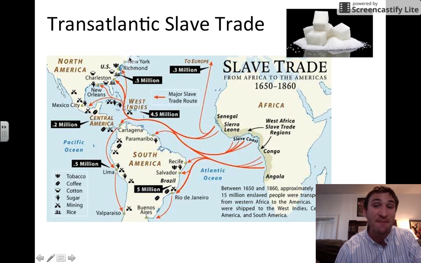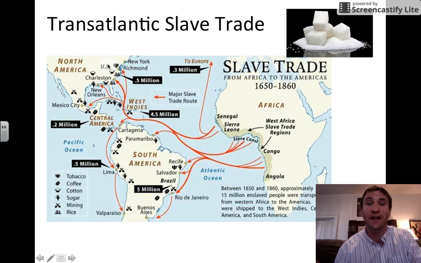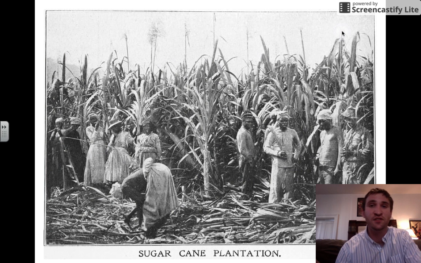So there are many more slaves in the Caribbean and in South America than in North America. And it all centered on this sugar crop. And here you see African slaves working the sugar cane plantations.